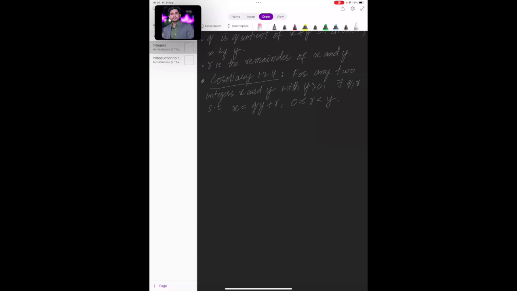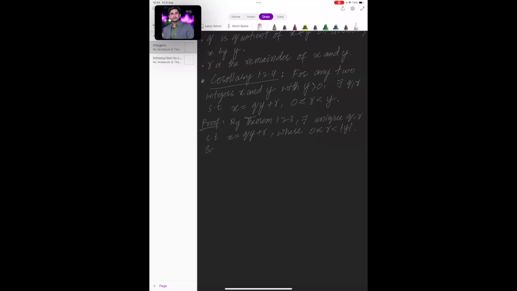And we can prove this simply by saying that by Theorem 1.2.3, there exist unique q, r such that we can write x as qy plus r, where r is between 0 and the absolute value of y.